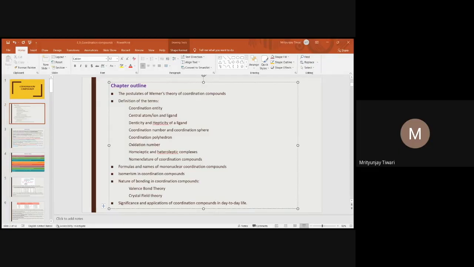However, for [PtCl4]2−, the secondary valency, or the coordination number of platinum, is also 4, but it forms a square planar complex. In the case of Ni(CO)4, the coordination number is 4 only, but it forms a tetrahedral complex. So these things have already been proposed by Werner.